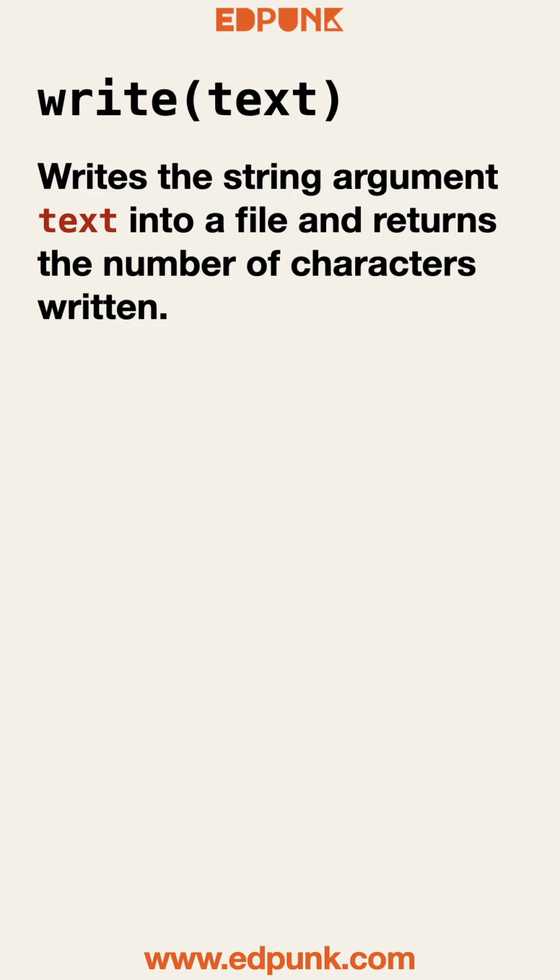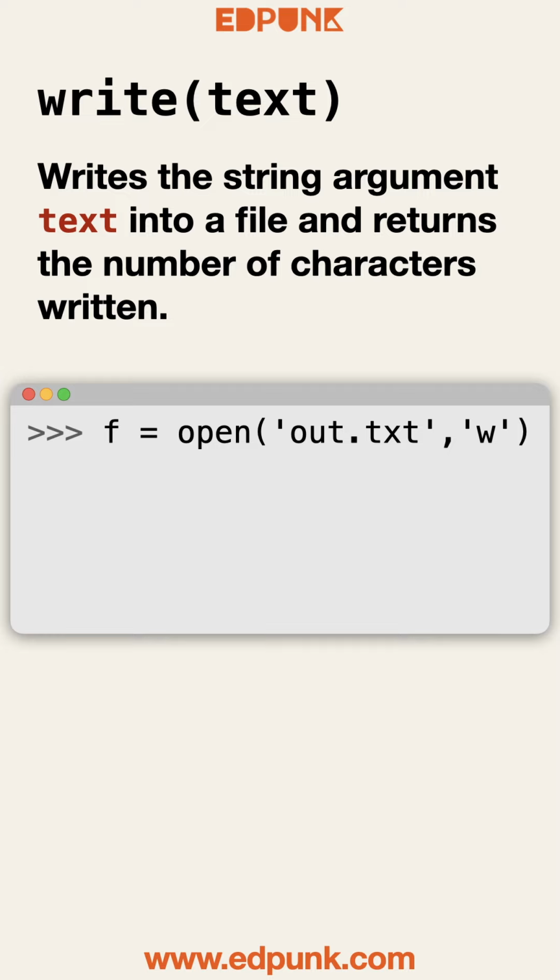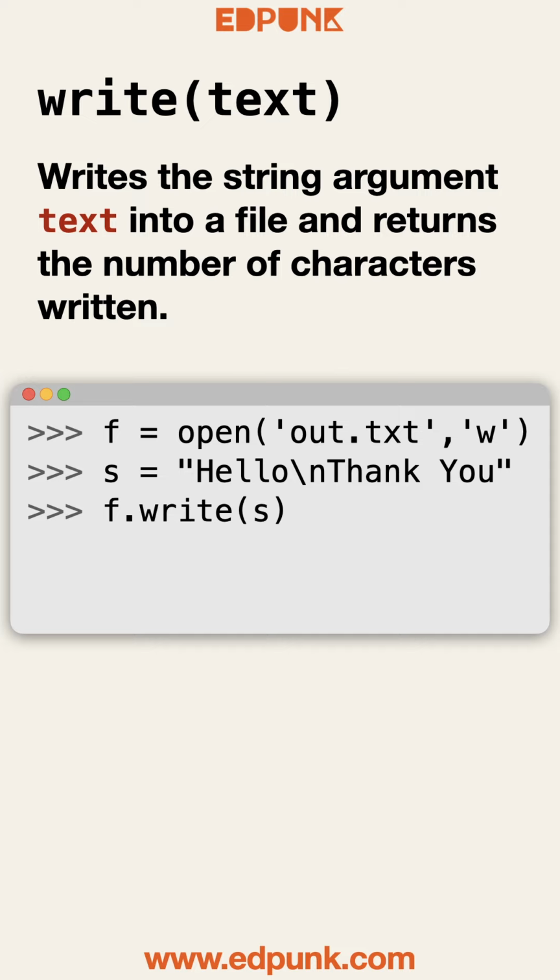For example, let us open a file named out.txt in write mode and assign the file object to f. Now, assign a string "hello, new line character thank you" to s. To write the string s into the file, we will execute f.write(s).